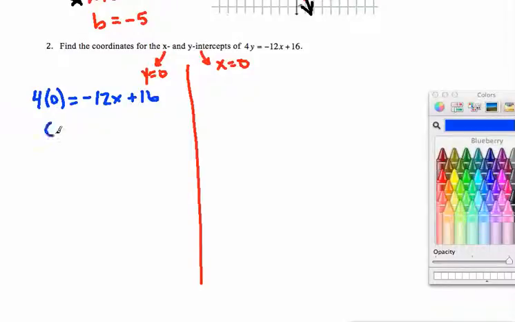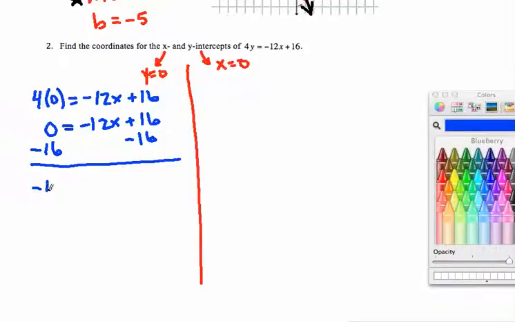Okay, 4 times 0 is 0. If we're solving for x, we want to subtract 16 from both sides. So negative 16 equals negative 12x. Divide both sides by negative 12. And we'll get x is equal to, and you're going to type that in your calculator, negative 16 divided by negative 12.